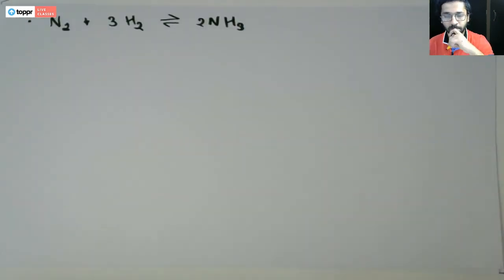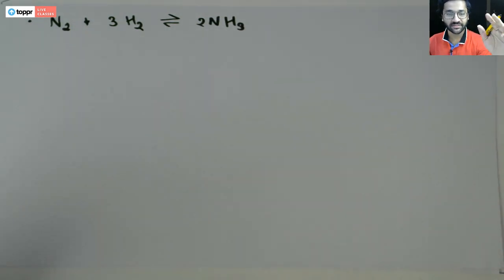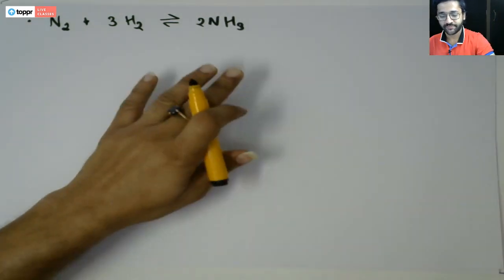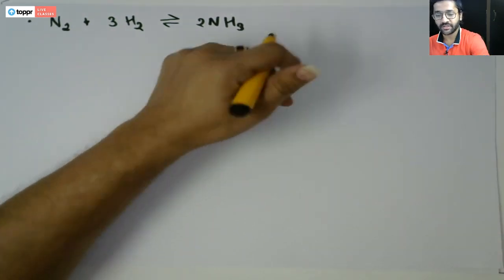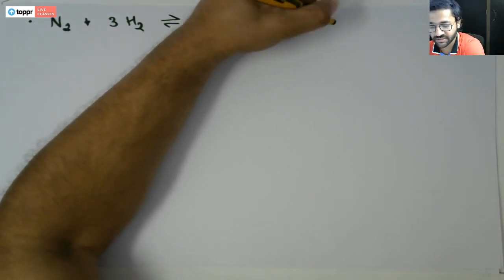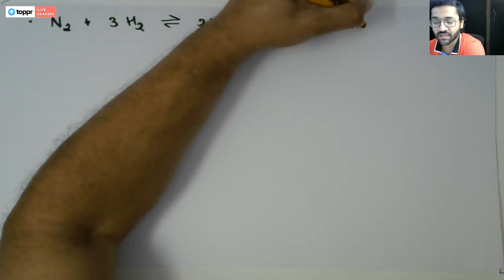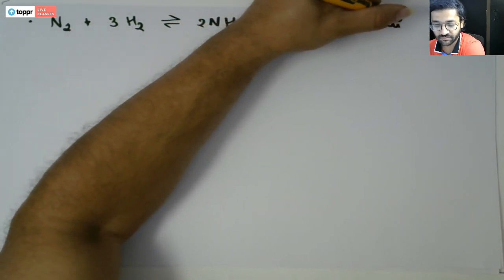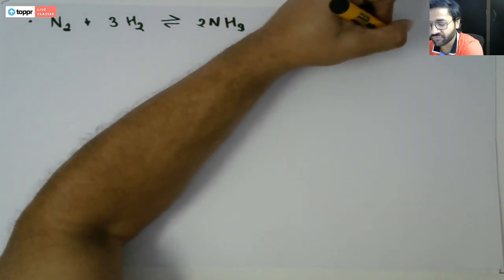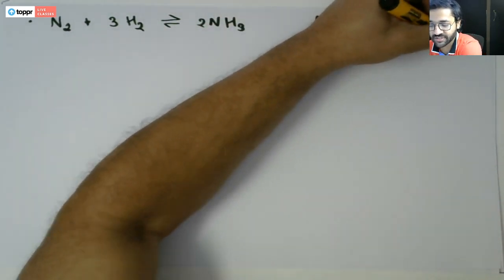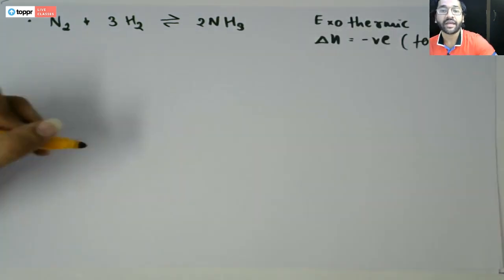Correct? Now, let us understand all the factors that we already know about these reactions. Here, this reaction, while going in the forward direction, is exothermic in nature. That means it evolves heat. Delta H is negative in the forward direction. Obviously, in the backward direction, that will be endothermic.